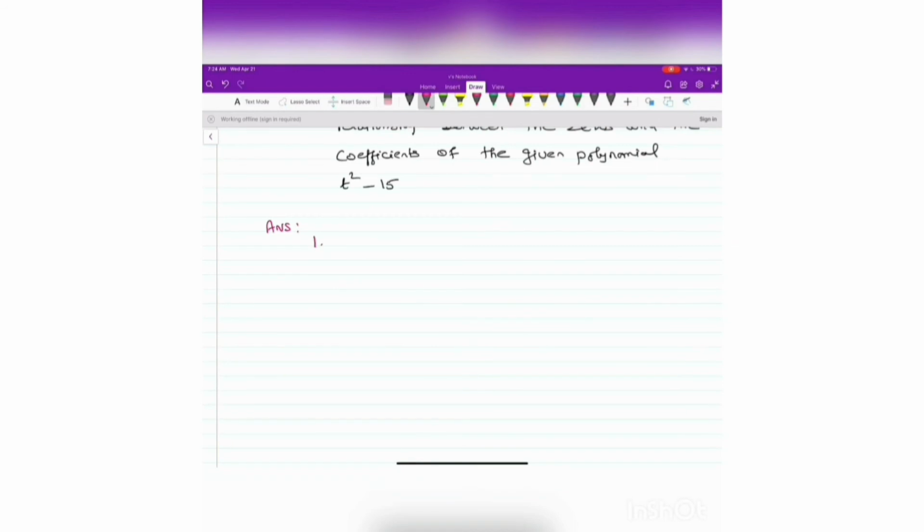First part, the zeros of the given polynomial t square minus 15 are minus root 15 and root 15.